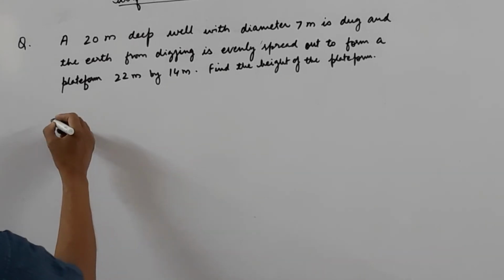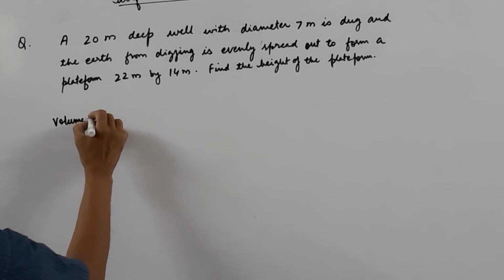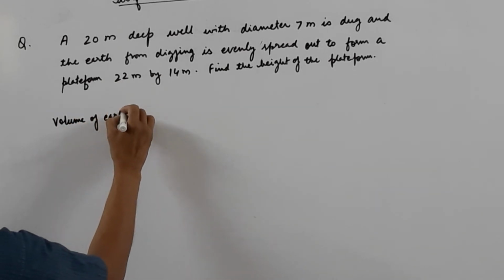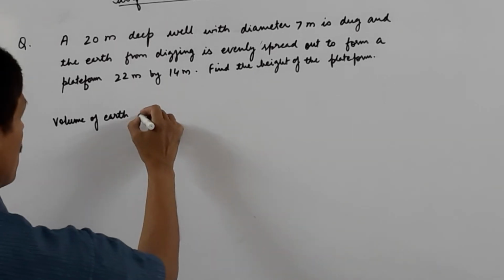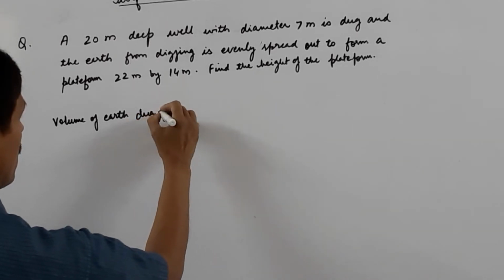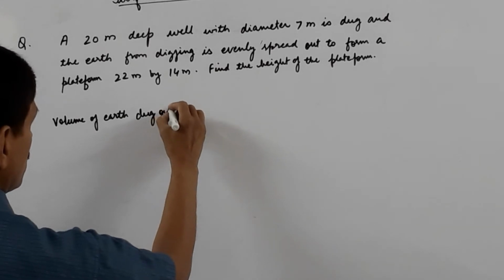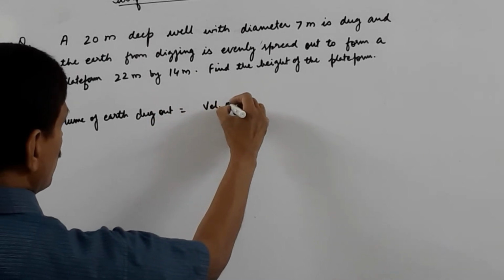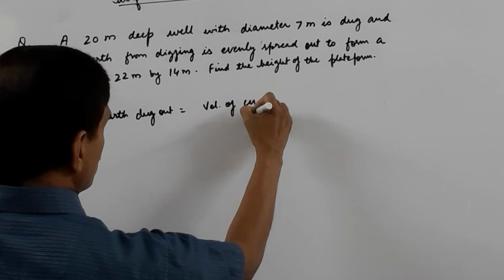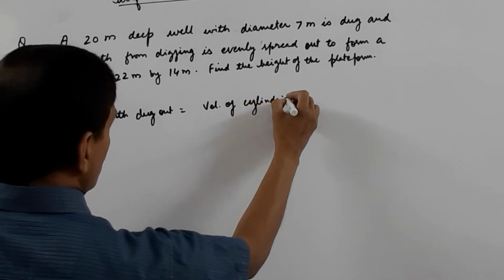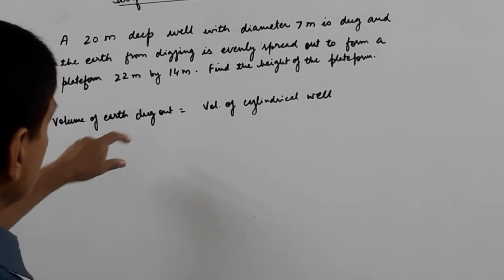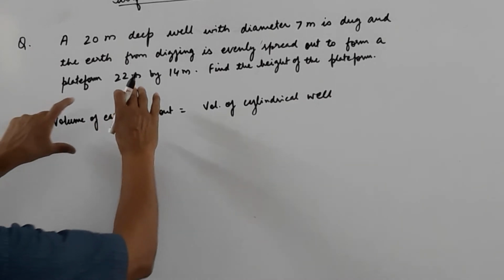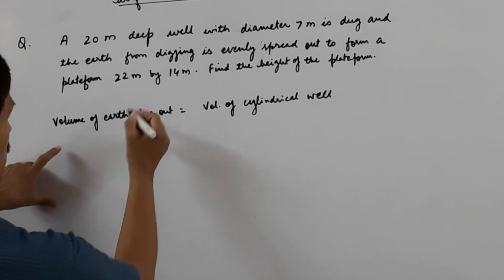So the volume of earth dug out is equal to the volume of the cylindrical well.